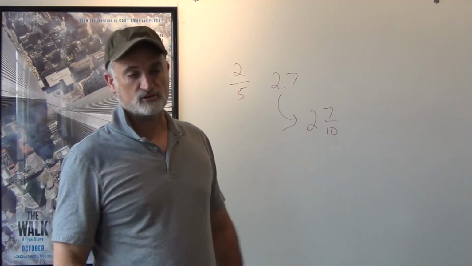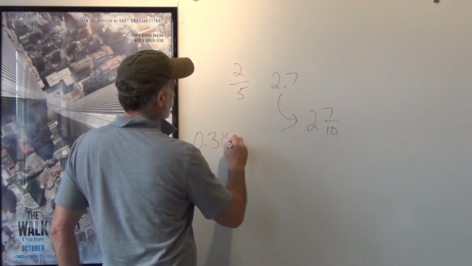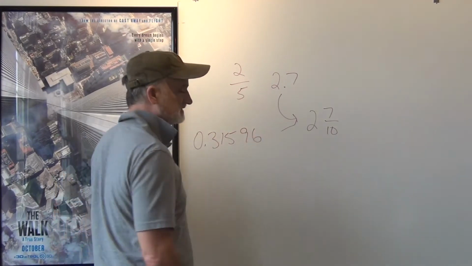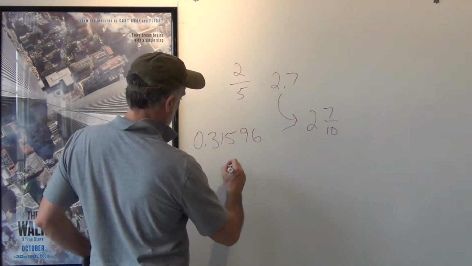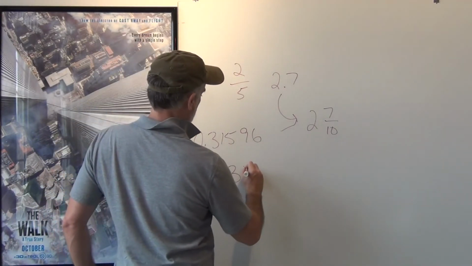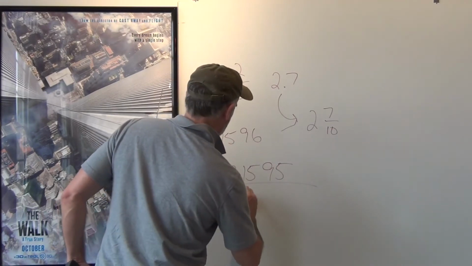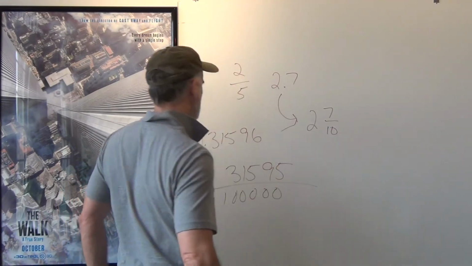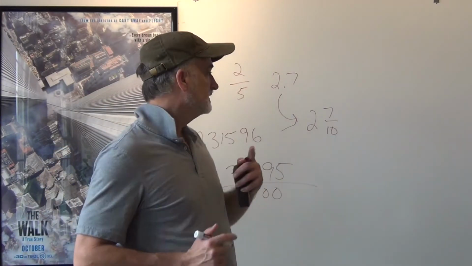So it's a rational number. 0.31596 is a rational number because we can turn that into a fraction if we wanted to. Whole lot of numbers, okay. So those are rational numbers, okay?